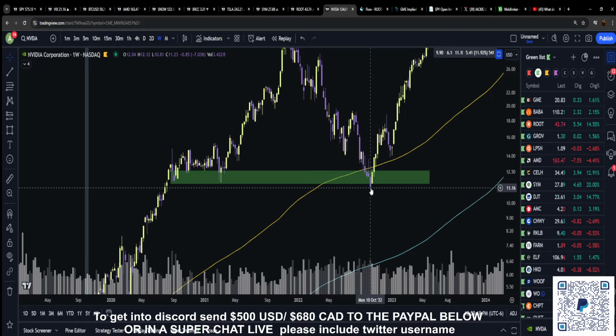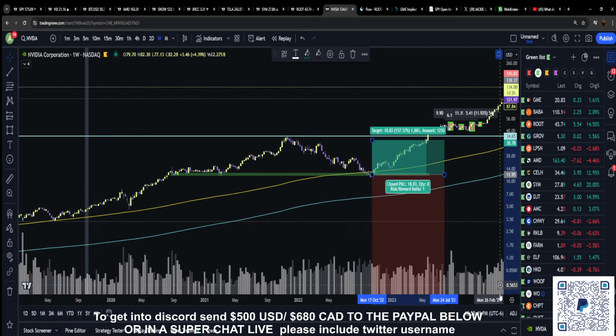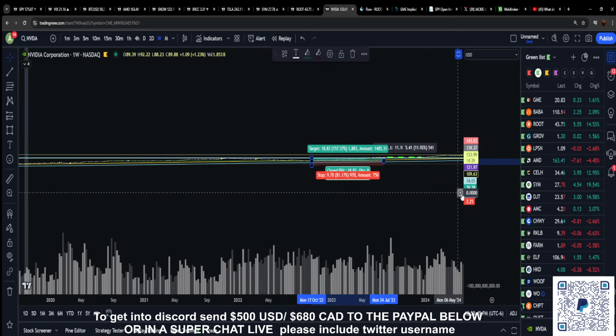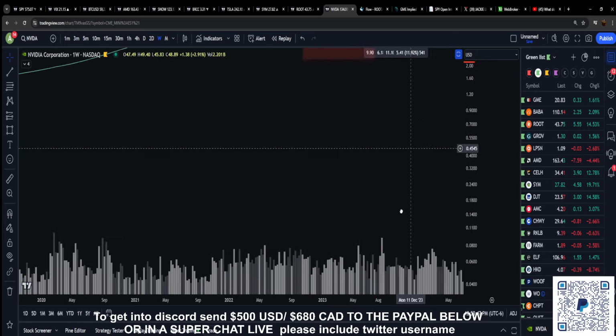That candle goes underneath it, and then it doesn't have another weekly candle that opens and closes underneath support. So that support remains. So when the stock opens here on this week and starts to run, traders will then enter a position with a clear defined risk and reward.